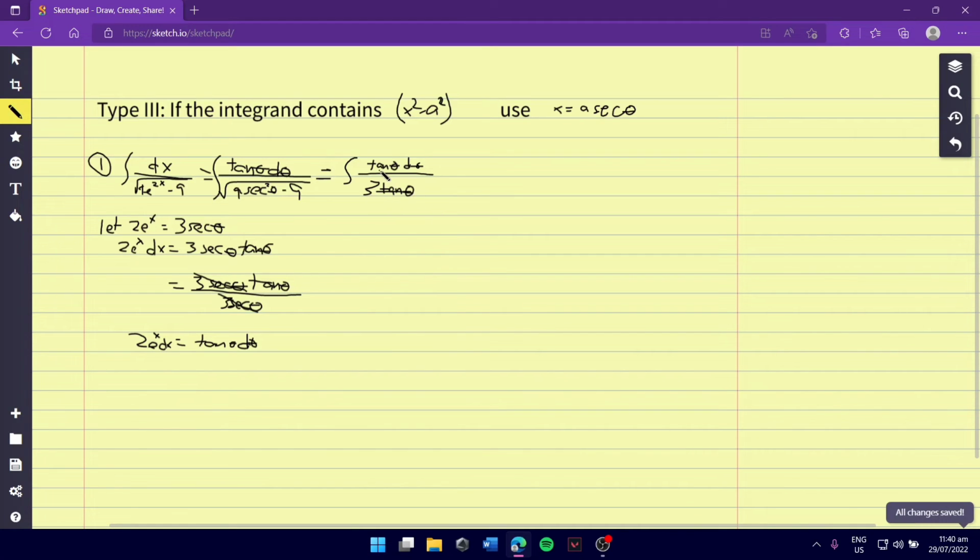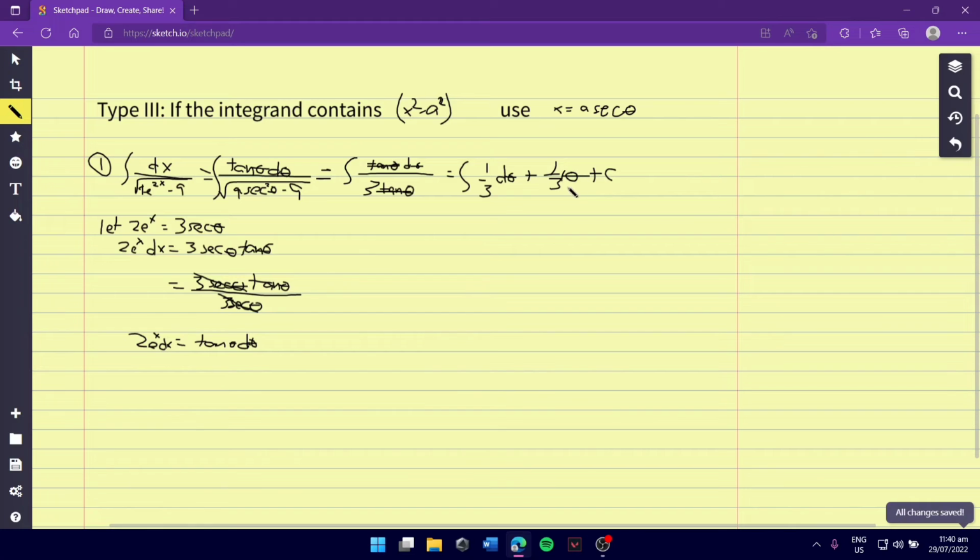So tangent here and tangent here will cancel out. This will leave us 1/3 d theta. So the integral of d theta will become 1/3 theta and then your arbitrary constant, which is c.